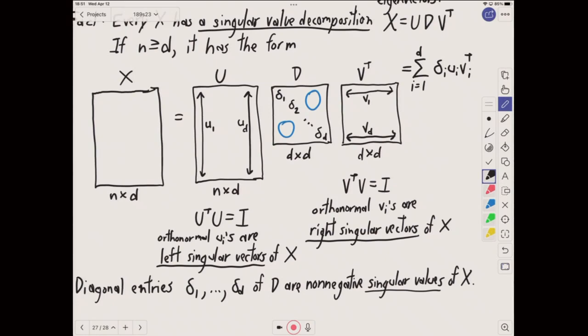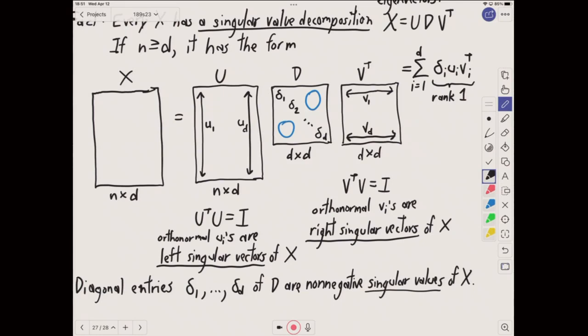So we're going to have D matrices, each one of the form delta i times ui times vi transpose. Again, that's not an inner product, ui times vi, that's an outer product, so it's going to give you a matrix, an n by D matrix.